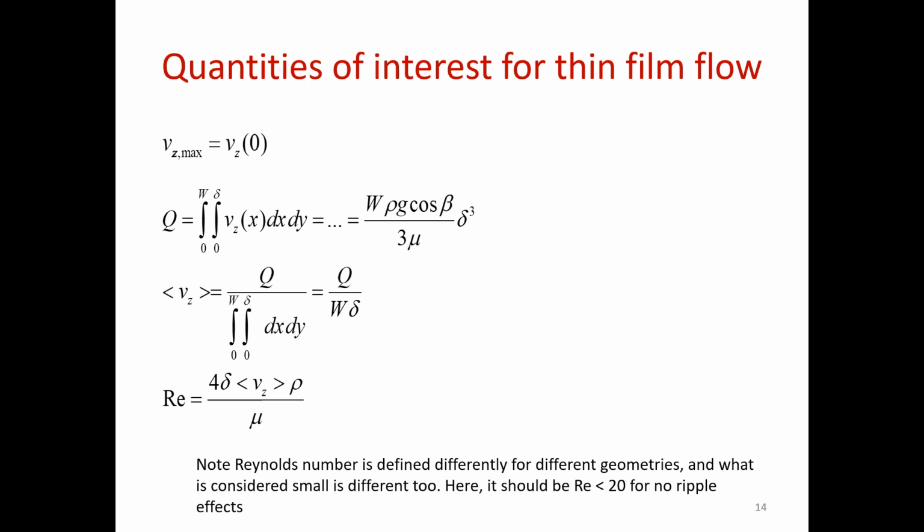So for every different geometry, you will typically have a slightly different coefficient here. Maybe there's a 4, maybe there's none. Maybe there's just a radius, maybe just a diameter of the sphere if we have spheres and so forth. Okay, so that's something to get used to. Here, we should have Reynolds number slightly less than 20 for this proper laminar flow regime.